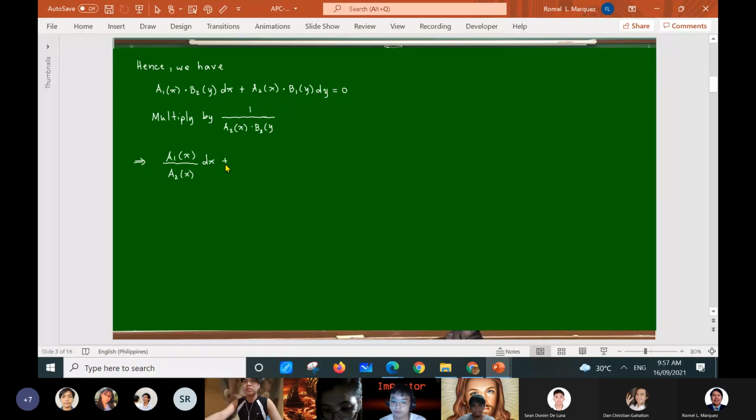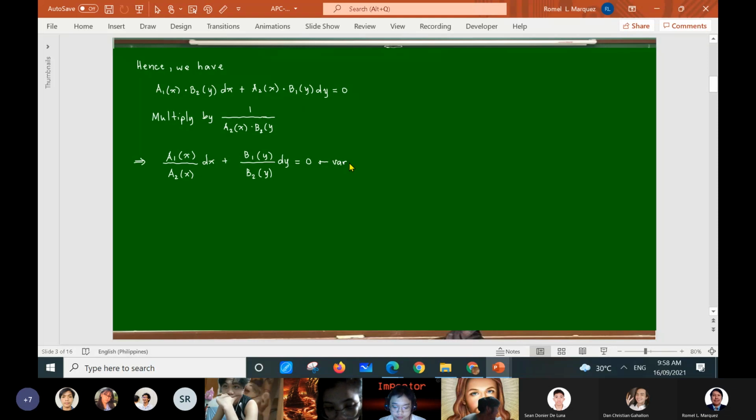Second term, we have B sub 1 of y over B sub 2 of y, because A sub 2 of x is cancelled out, multiplied by dy. The right side is 0. So meaning we have separated the variables. Okay? So variables here are separated.